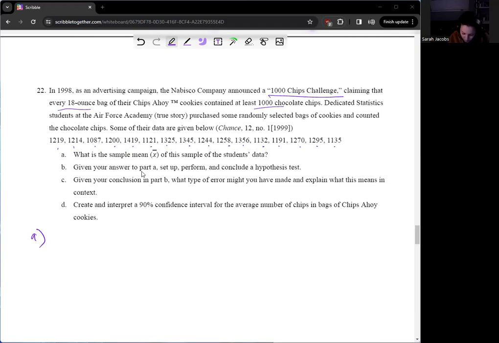All right. And 1135. Okay, so 16 data points. I'm going to go to stat, calc, 1-var stats. I do not have a frequency list. Make sure to clear that out if you have something in there. And the sample mean, so X bar, is equal to 1,238.1875 chocolate chips.